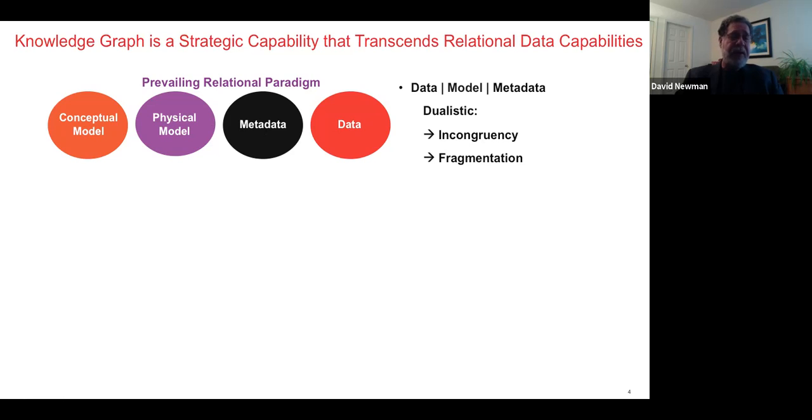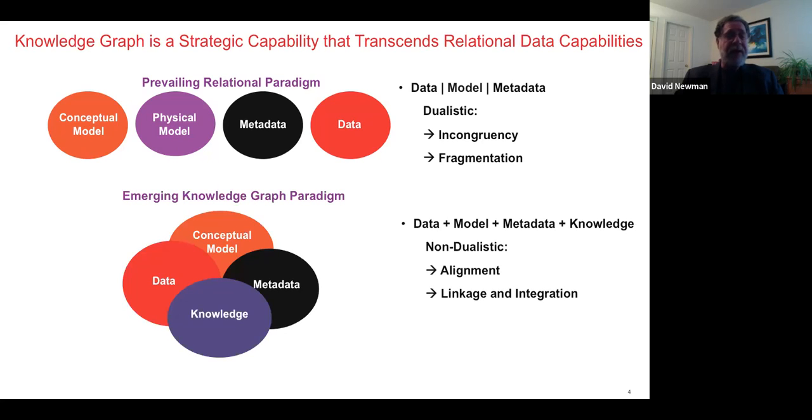So this also results in tremendous incongruency and fragmentation, which results in a lot of data management problems, a lot of complexity, a lot of limitations in what the prevailing relational paradigm can actually achieve in terms of what we really need to support the very complex data needs today.